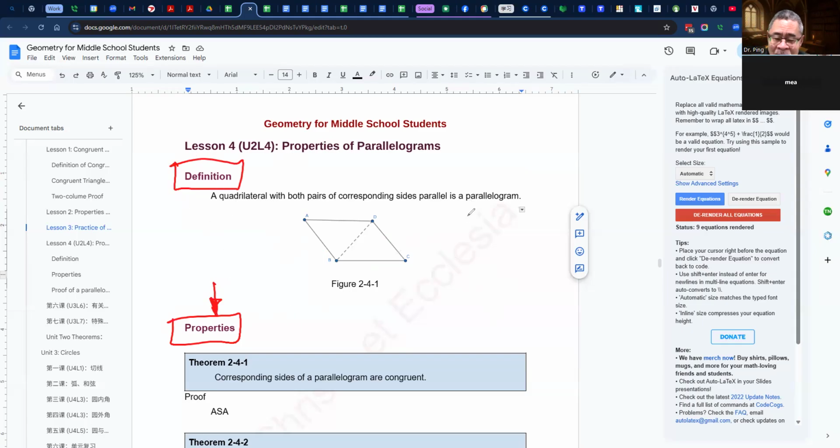This is the common methodology we use to study something. Doesn't matter whether it's math, physics, chemistry, or history, we always make sure we understand its definition, then we look at its properties. The properties are mostly where the theorems tell us.